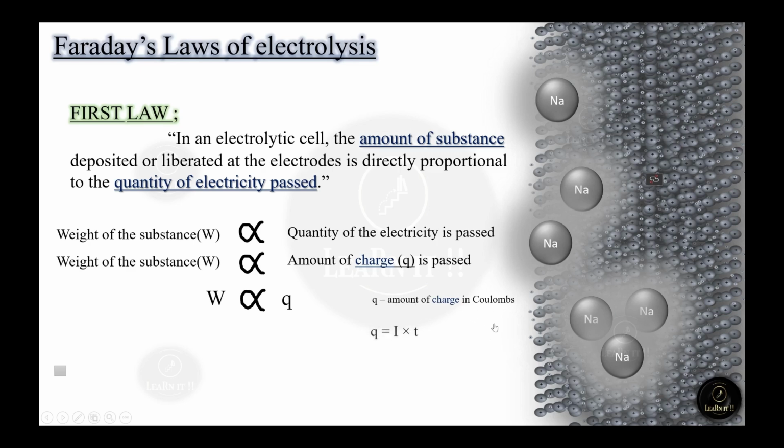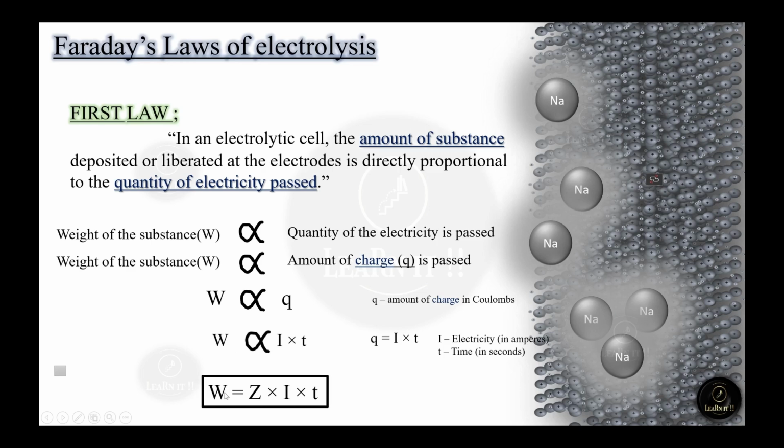Q is equal to I × T, where I is the current in amperes and T is the time in seconds. So W is proportional to I × T, so W is equal to Z × I × T, as the proportionality sign is replaced by a constant. Here Z represents the electrochemical equivalent. It is a constant.